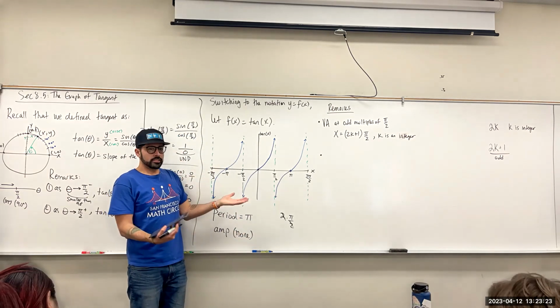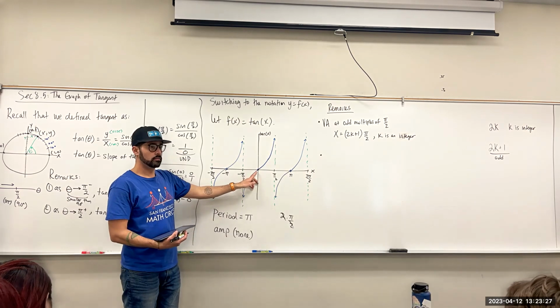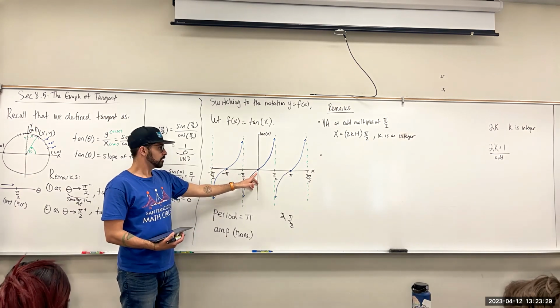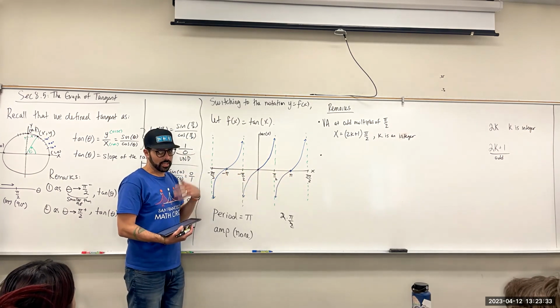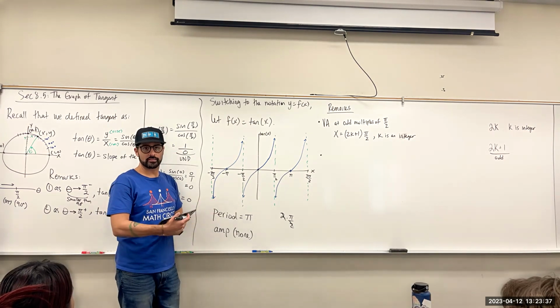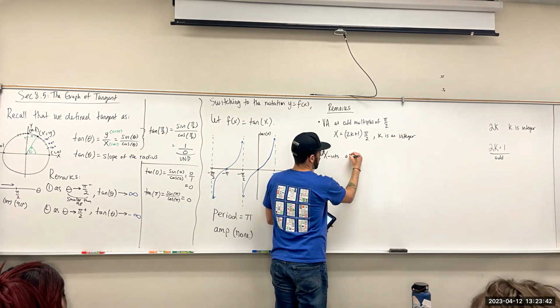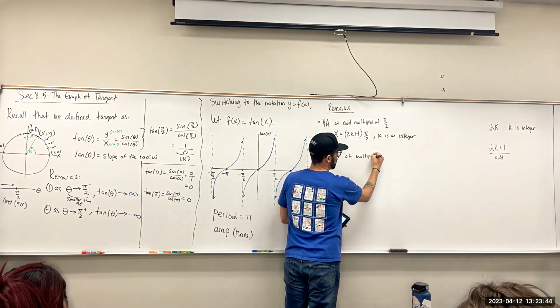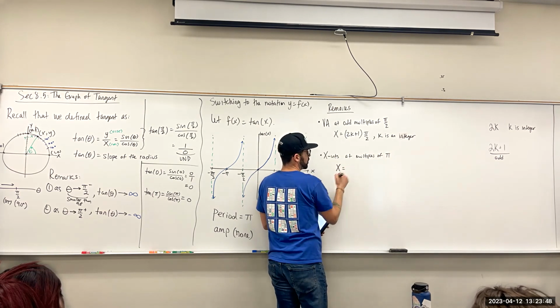Where do we have x-intercepts? There's one right there. There's one right there. You can think of it as the multiples of pi. Notice that we have x-intercepts at multiples of pi, so in this case it's all multiples.